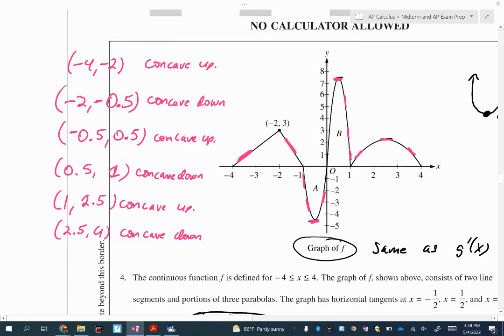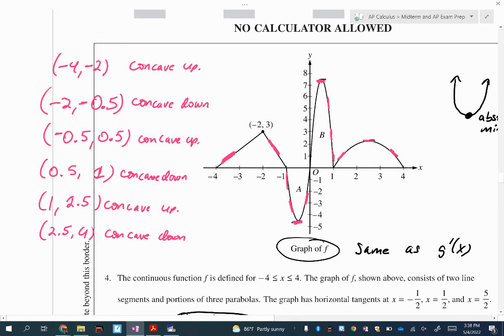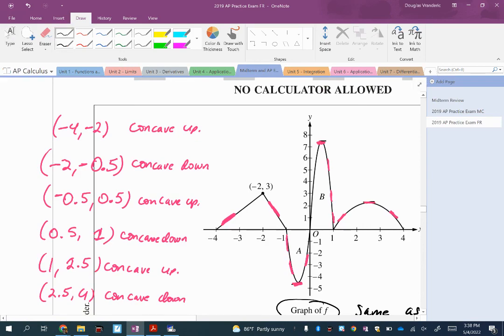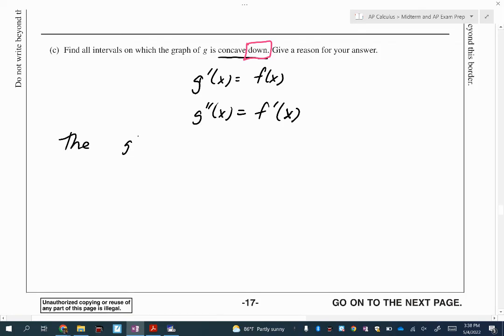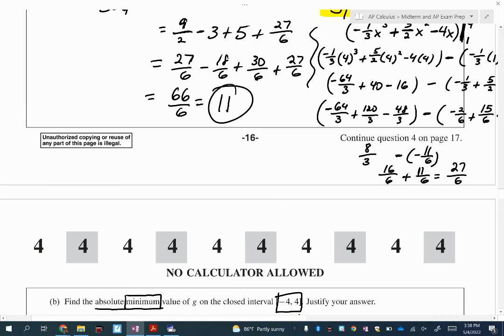All right, so in terms of answering part C, I think Jennifer or Joel, maybe, you asked about sentences. I would write a sentence here. I would say the g of x function is concave down in the intervals, and then I would write these intervals. I'll write that right now. Okay, which one is it?